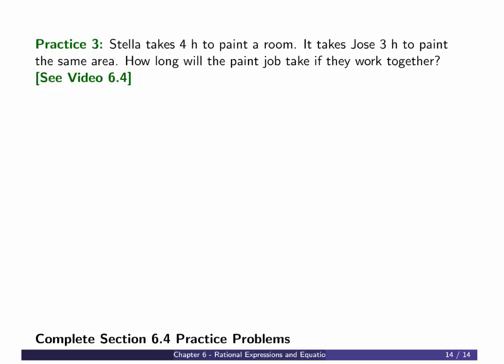Stella takes 4 hours to paint a room. It takes Jose 3 hours to paint the same area. How long will the paint job take if they work together? It's kind of a cool question that you can answer using rational equations. What we're going to have here is T, let's do this in red.